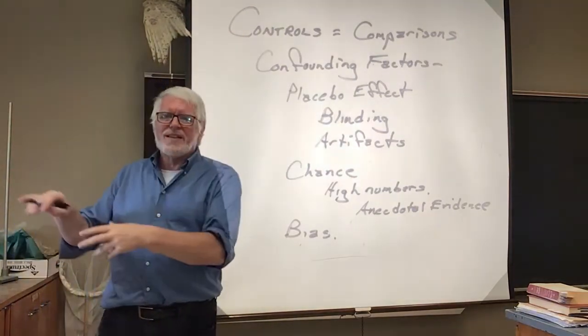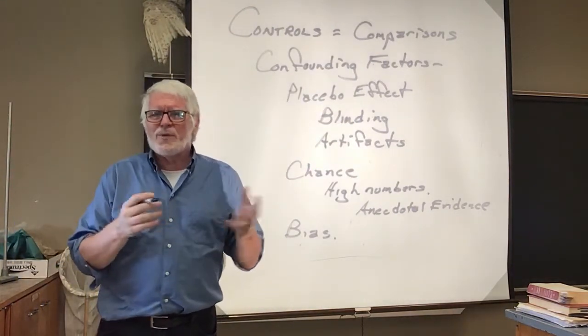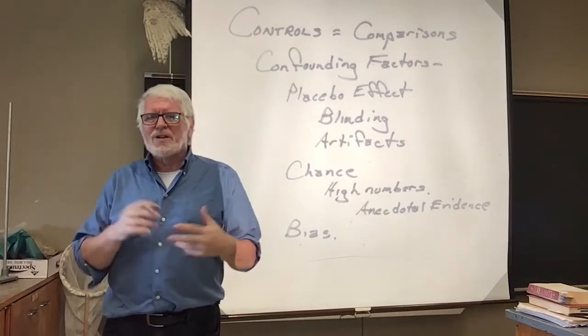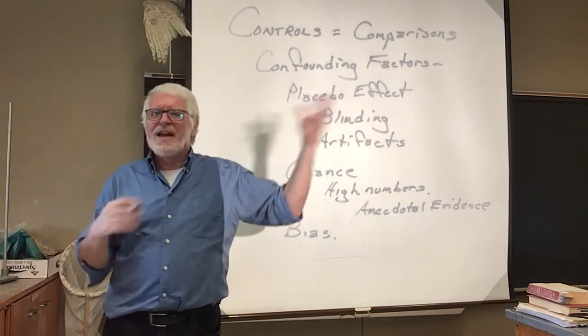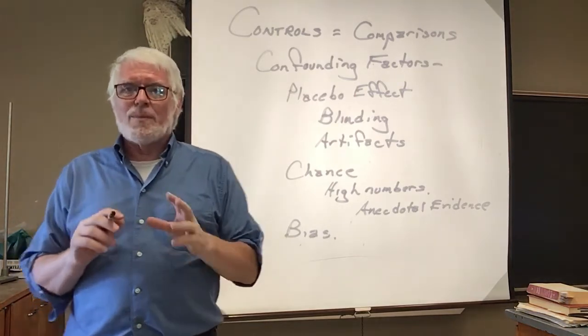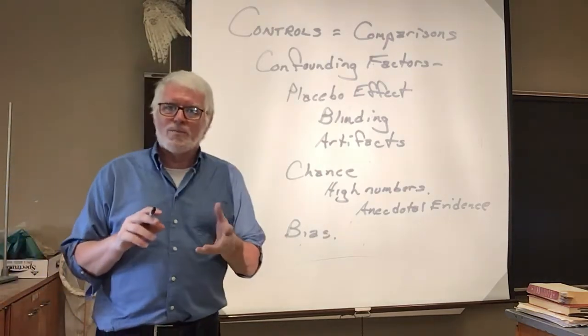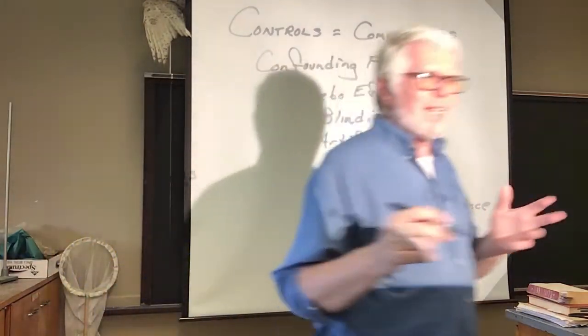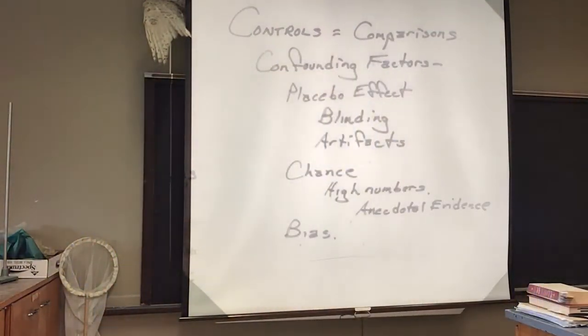You go, oh no, that stuff that happened over there, here's the reason why I didn't count those. Because I didn't really think that they were valid, and you come up with ways. You try not to. Everybody should be trying to avoid their own biases when they're designing and running and gathering data for their experiments.